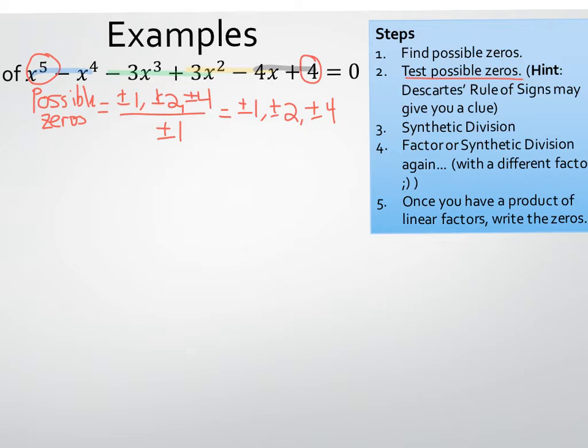Okay, so what that means is if we have 4 sign changes, that means we have 4, 2, or no positive zeros.